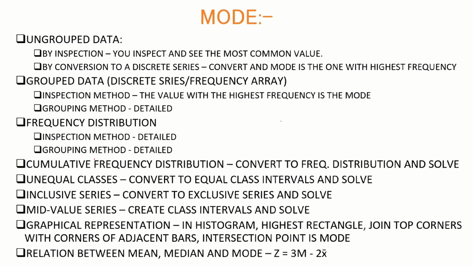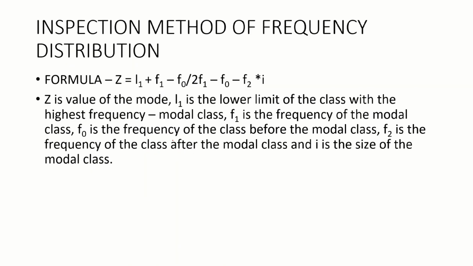Now, in the frequency distribution, the inspection method is detailed too. So we're going to go here. First things first, what is the mode? The mode is Z. So Z is the value of the mode. L1 is the lower limit of the class with the highest frequency, or the modal class.